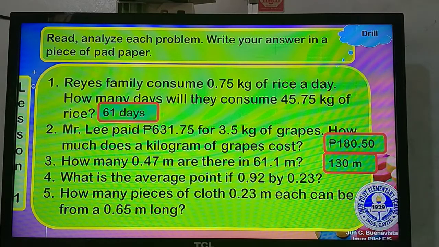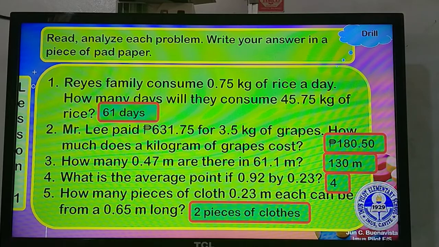Then for number 4, what is the quotient if 92 hundredths is divided by 23 hundredths? So 92 hundredths divided by 23 hundredths, the answer is, very good, 4. Then for number 5, how many pieces of cloth 23 hundredths meter each can be cut from a 65 hundredths meter length? So we divide 65 hundredths meter by 23 hundredths, and the answer is 2 pieces of cloth.